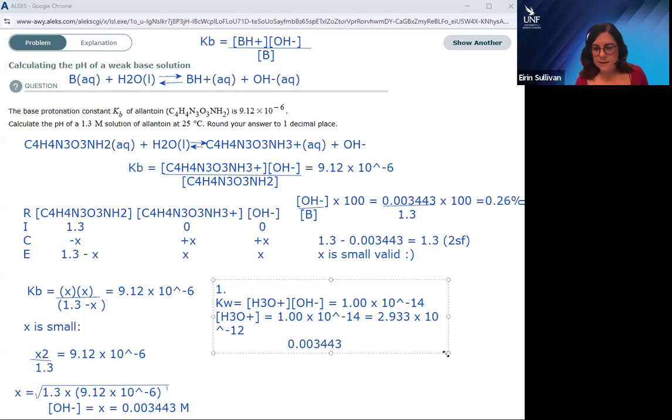That makes sense, because we've got a reasonably high concentration of hydroxide, and there's an inverseness to that: the more hydroxide it yields, the less hydronium there is, and vice versa.